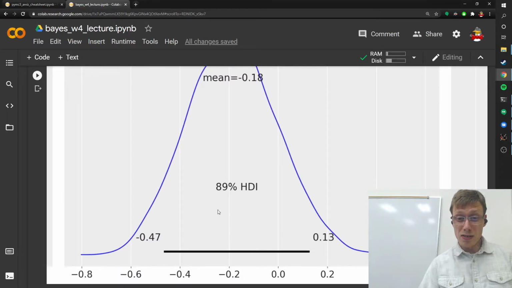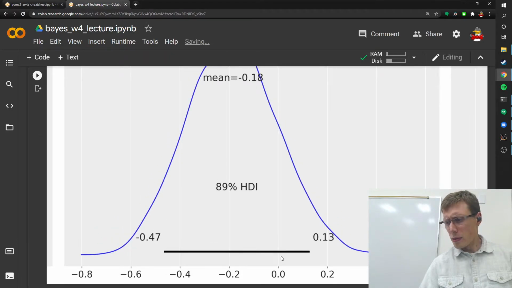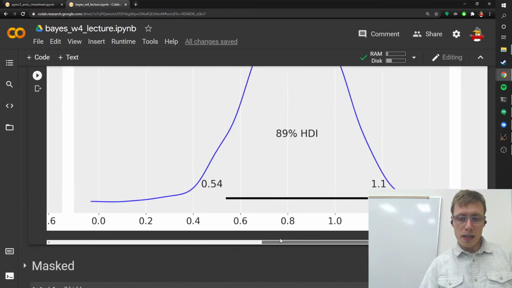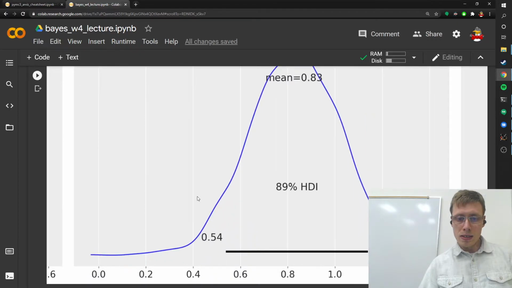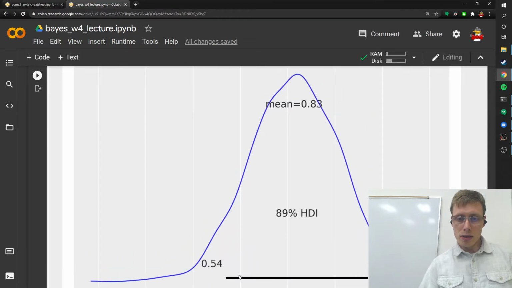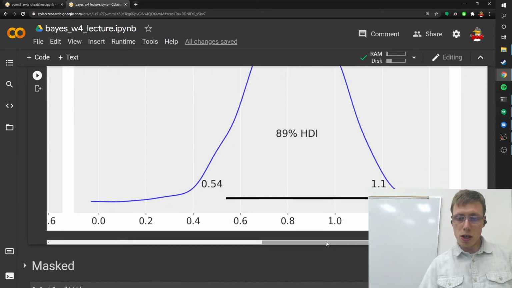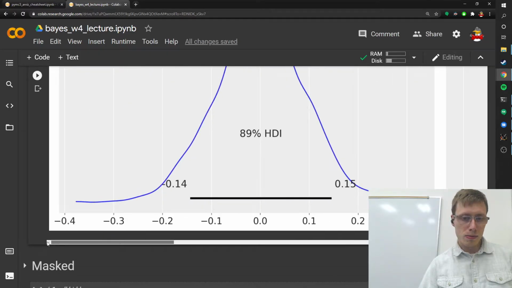So it could be negative, but also a little bit positive. In reality, once you see the way I generate the data, it's exactly 0. And then finally, right here, we have TC, and you can see there's a relationship that's definitely positive between temperature and crime. All right, and this is the sigma, and who cares about that, right?